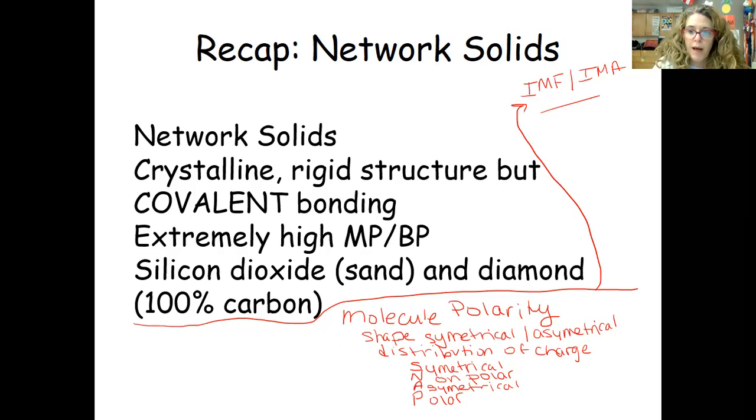So if we're talking about a bond, it's who's getting together, the elements, polar and nonpolar. Two of the same nonmetals, two different nonmetals. And if we're talking about the molecule, it's all about the shape of the molecule. Because when you put it all together, not just what two are together, but the whole shape and distribution of the charge. And then that's where we use symmetrical, nonpolar, asymmetrical, polar.